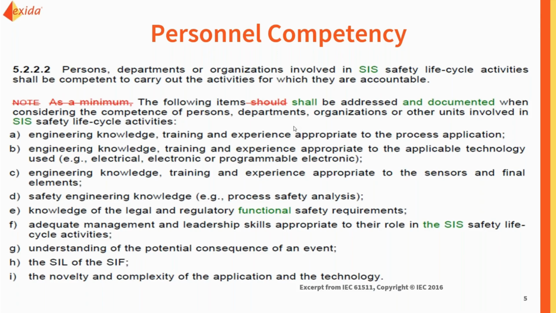Especially if we're looking for facilitation. Does the facilitator have the relevant knowledge and experience appropriate to the application? Then, of course, from a supervisory or management perspective, there's knowledge of the legal and regulatory functional safety requirements.